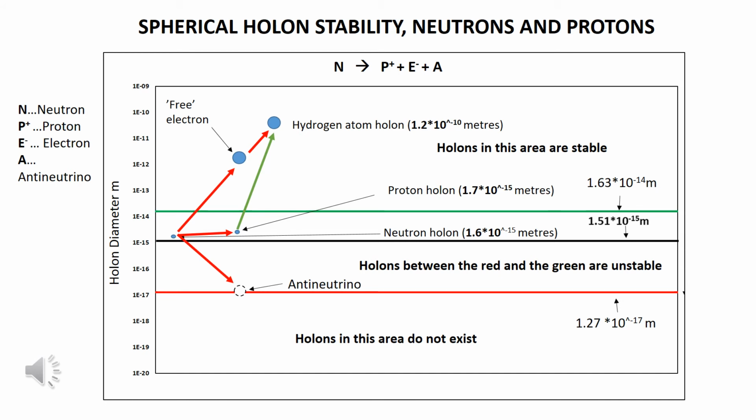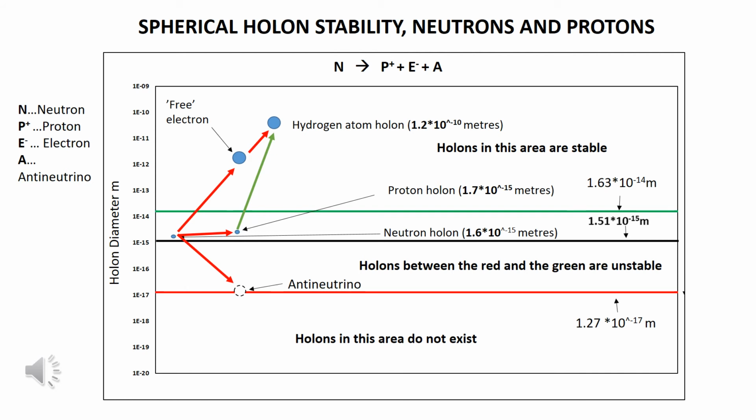And why is it so difficult or even impossible to observe the antineutrino particle that needs to take away the excess energy?